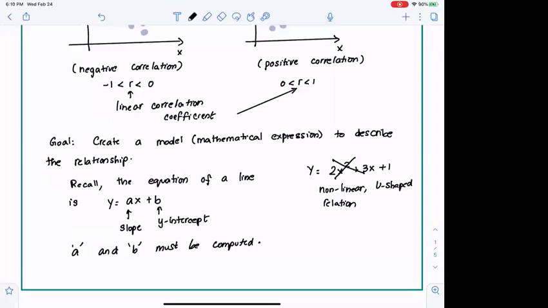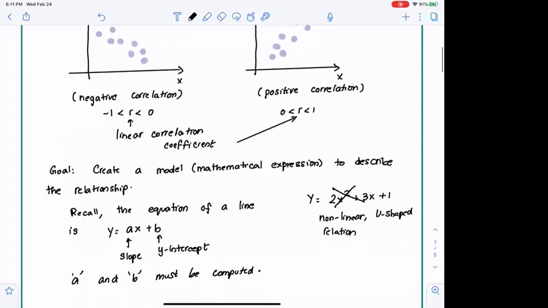So how do we come up with a and b? This is where statistics comes into play, and this is what we call regression analysis, or least squares regression analysis. So we need to find the value of a and b. If we find the value of a and b, then we can come up with the equation of the line that describes the relationship between x and y.